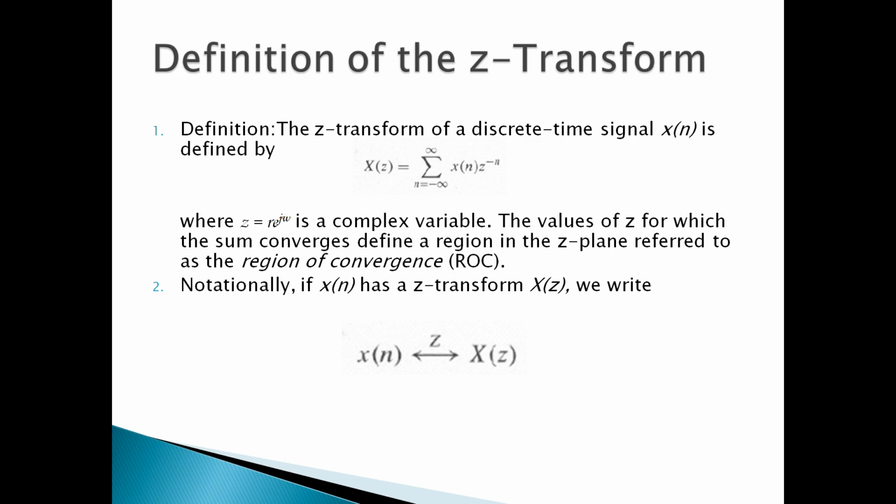Now the most important thing in Z transform is the region of convergence, that is ROC. ROC is that region where X(z) attains a finite value.